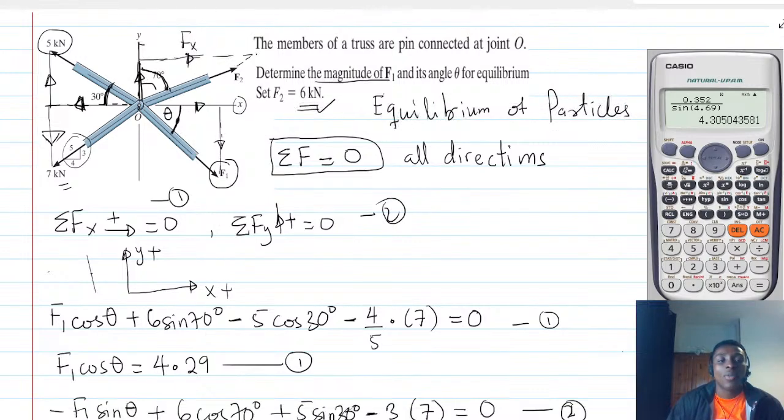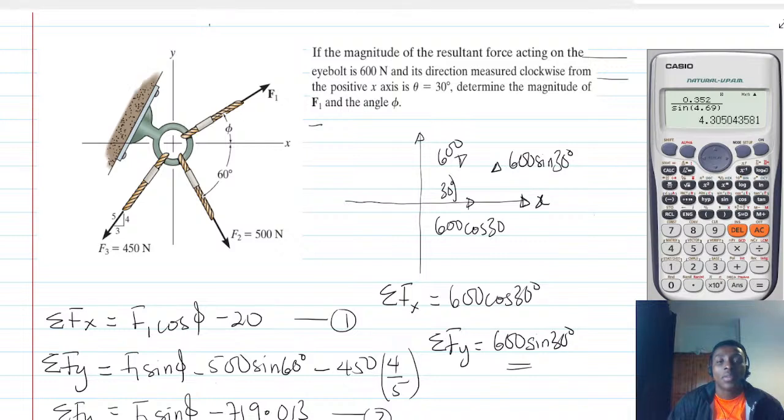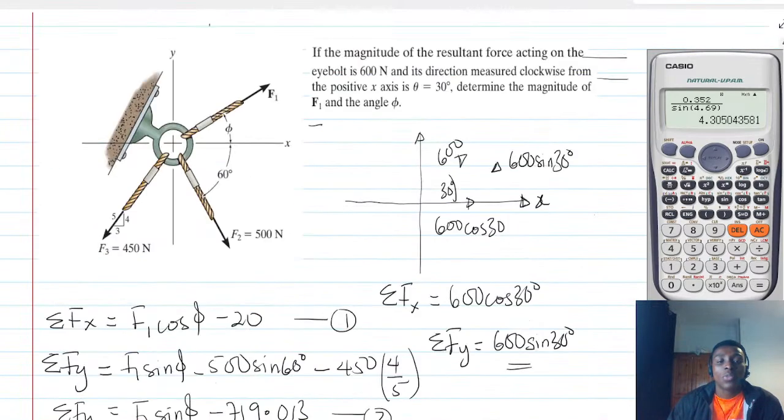Now let's solve one last problem. So this problem too is similar. I'm not going to solve it with you, I will just walk through it with you because we just did something similar to this one.